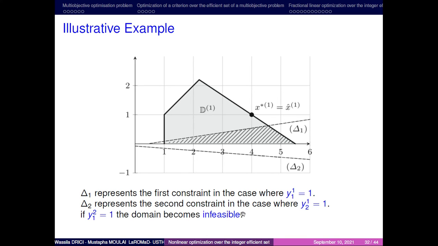That means that the second objective must be improved. If y21 equal to 1, then the domain becomes infeasible. Therefore, one can notice that the figure shows only the reduced domain in the case where y11 equal to 1.